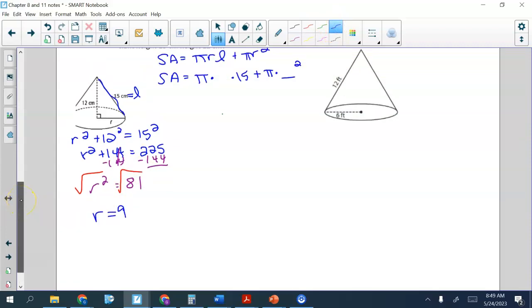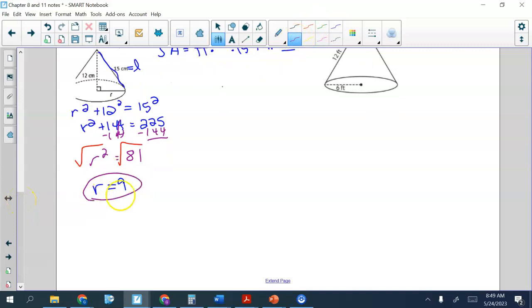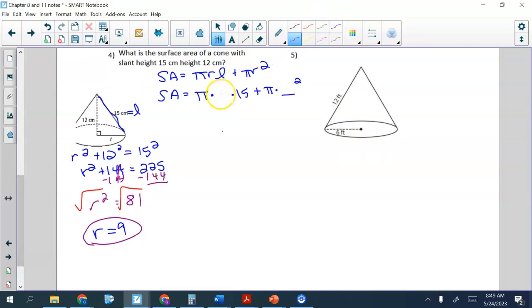All right, so everywhere I had a radius there, I'm going to put 9 in. So pi RL plus pi R squared. And if you want to leave it in terms of pi, multiply everything but the pi's. So you can only do this first part and then the second part. So 9 times 15 would be 135 pi plus 9 squared, 81 pi.